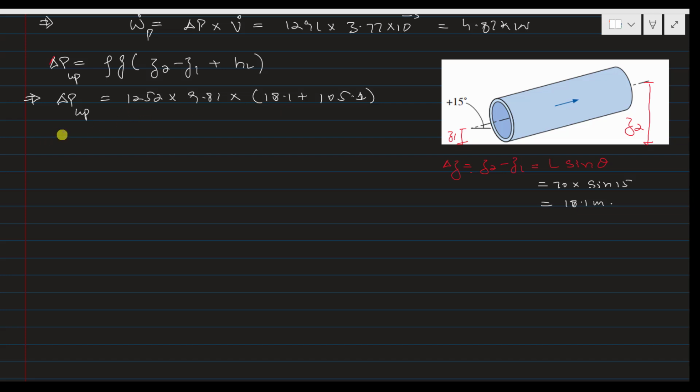So after simplifications you will get the pressure for this upper inclined pipe, that is 1366 kilopascal almost.